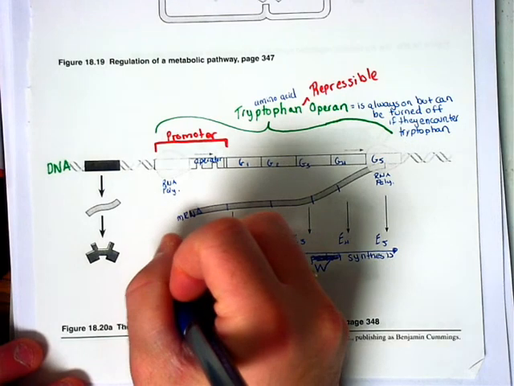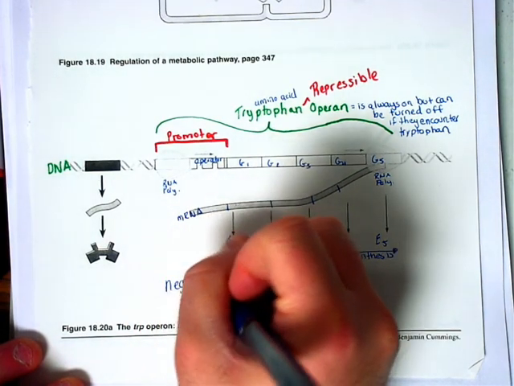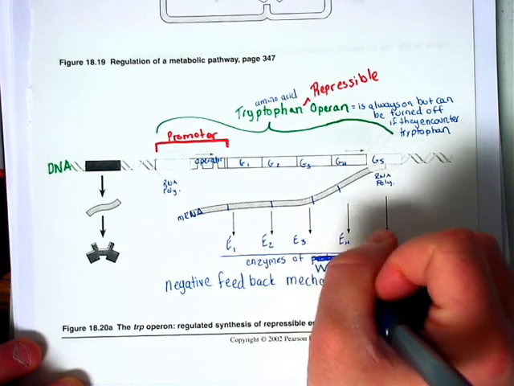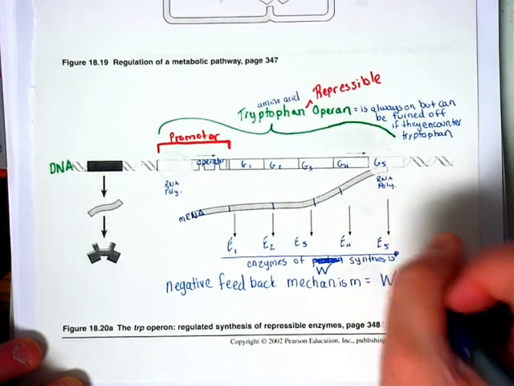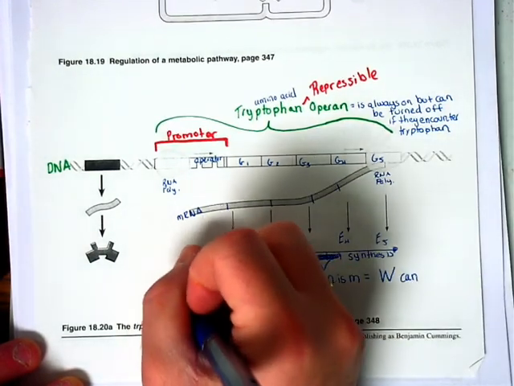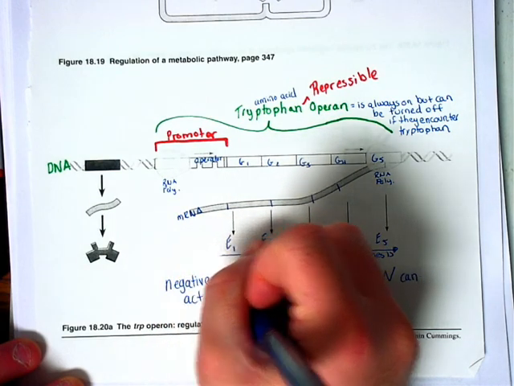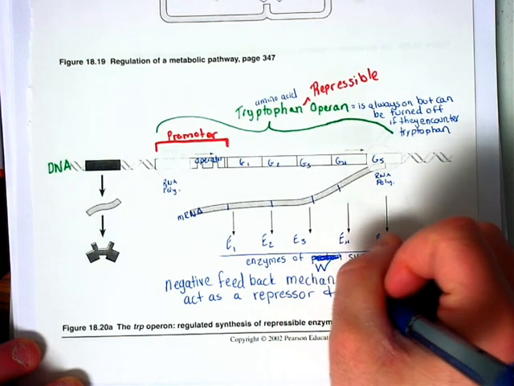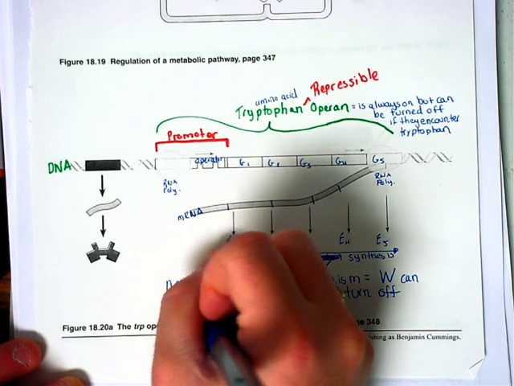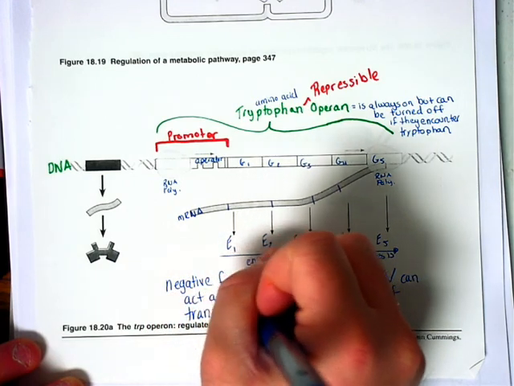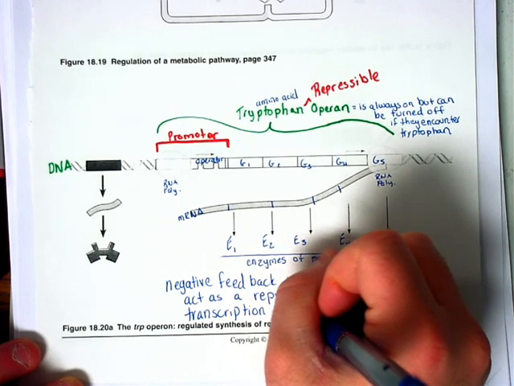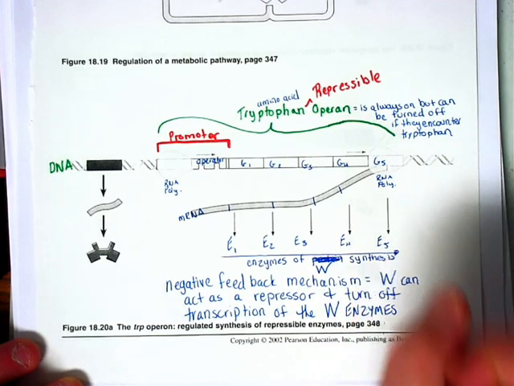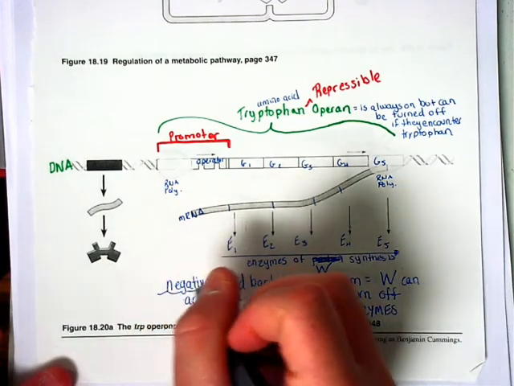So this represents a negative feedback mechanism in which tryptophan, W, can act as a repressor in order to turn off transcription of the tryptophan enzymes. So again, that's a negative feedback model.